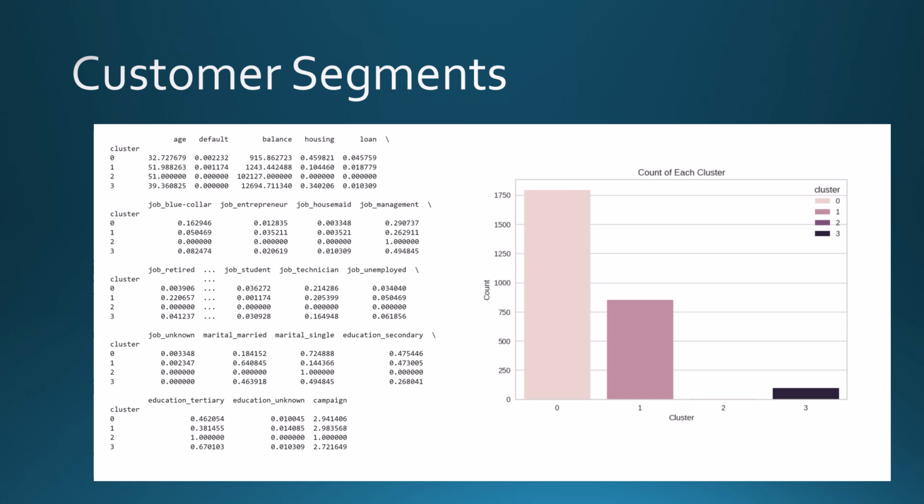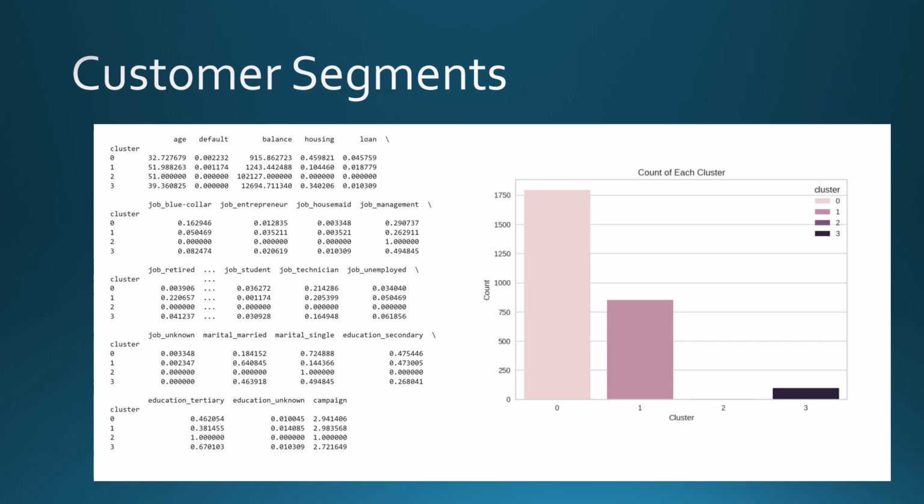Looking at the differences between the 3 segments, we can break them down into the following categories: young and unmarried, with an average age of 32 years, 72% are single, with a higher rate of having a home loan, with an average balance of €900. Second group is older and married.